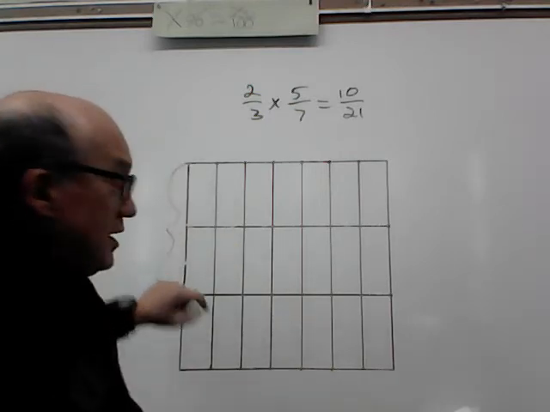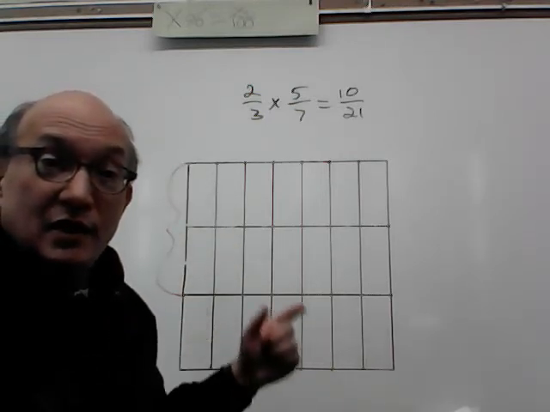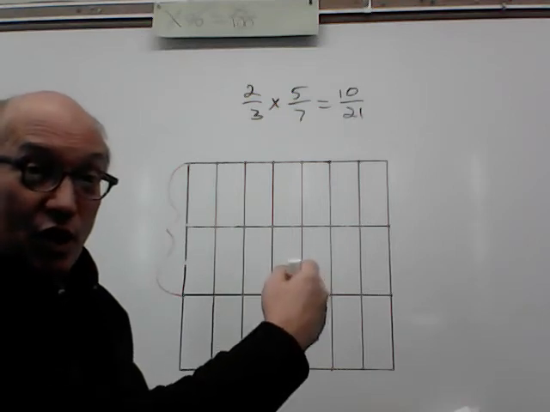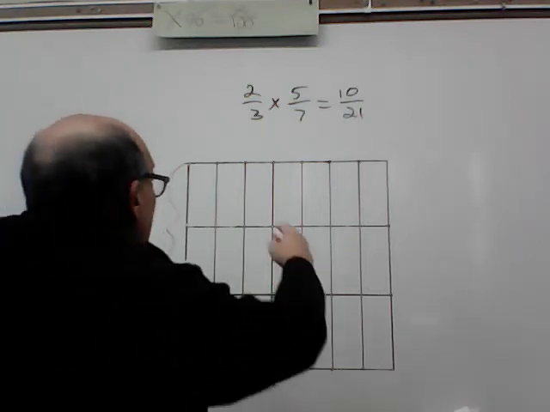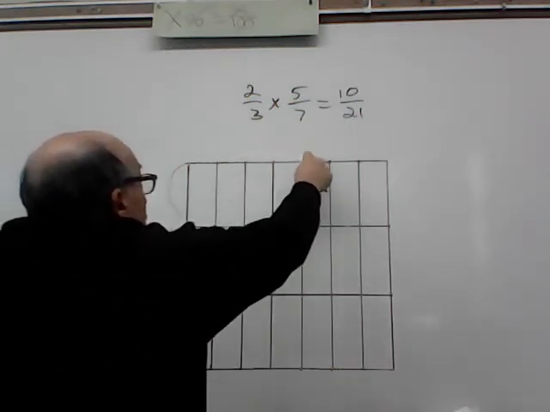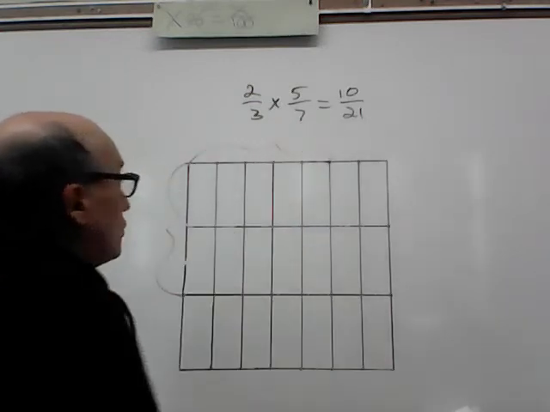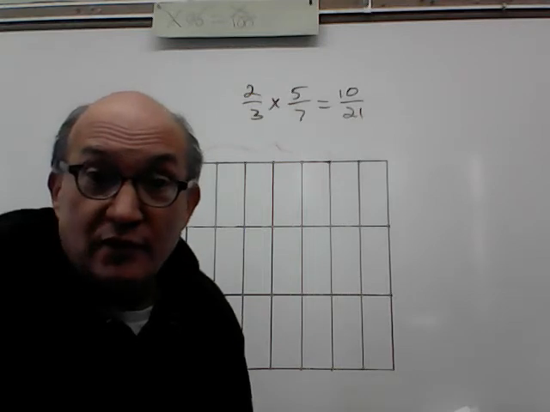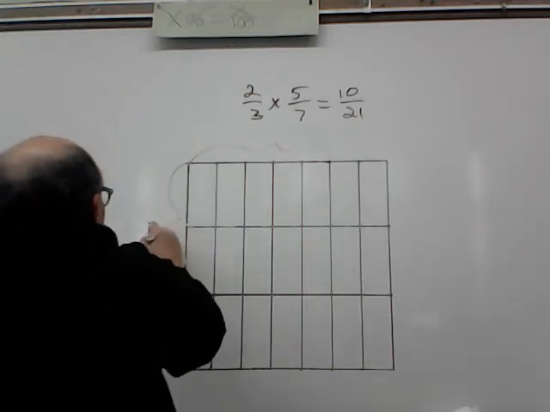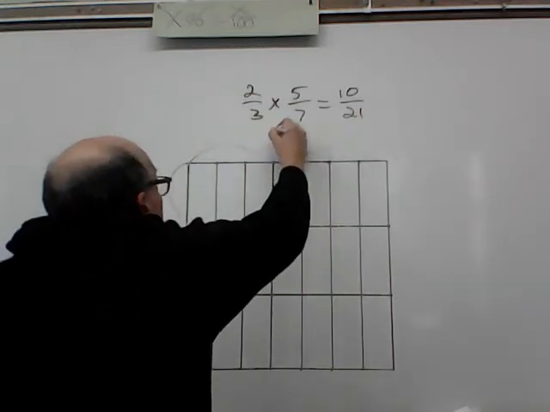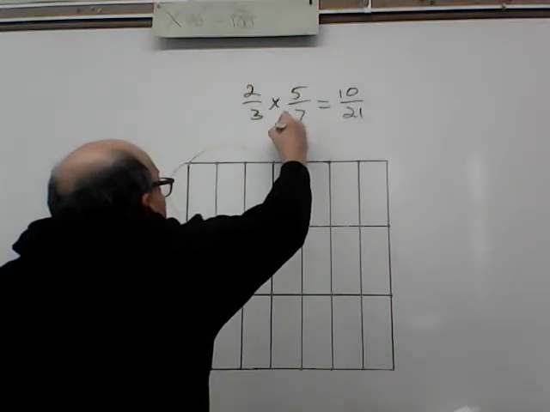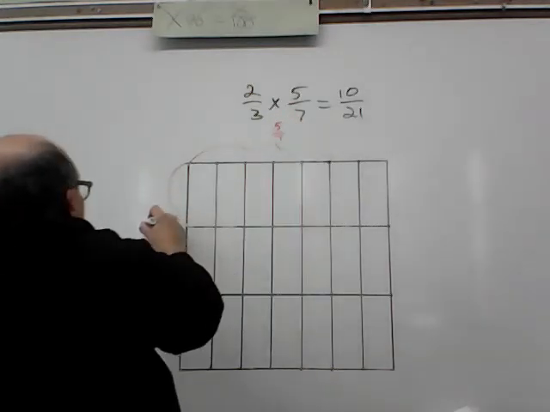So from here to here is 2/3. And the 5/7 along the horizontal side at the top I'll use 1, 2, 3, 4, 5. So that length there is 5/7, 2/3, and 5/7.